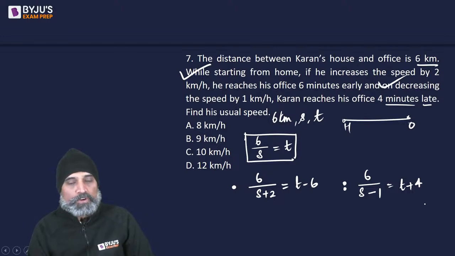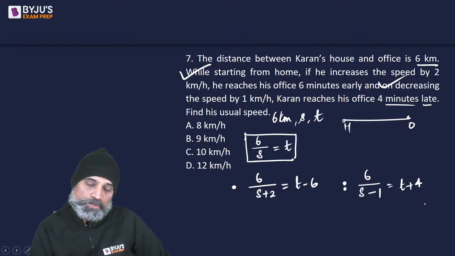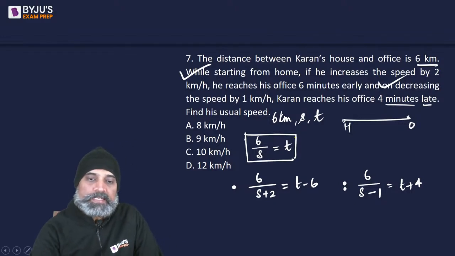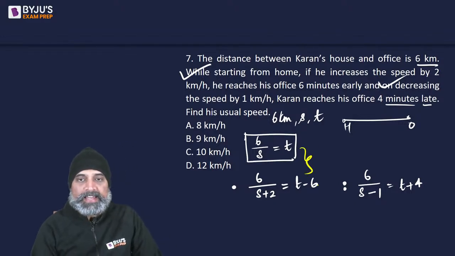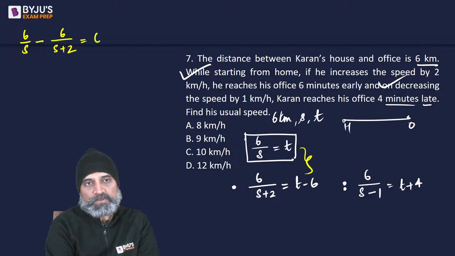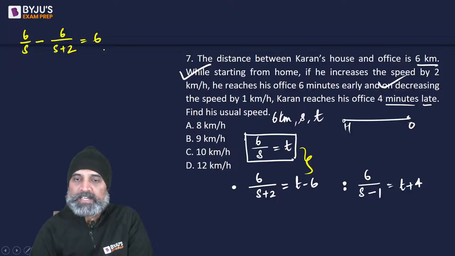Well, cross multiplication will not be a very good idea. So what we should do is take these two and subtract. If we do that, we will have 6 by S minus 6 by S plus 2 is equal to 6, right?